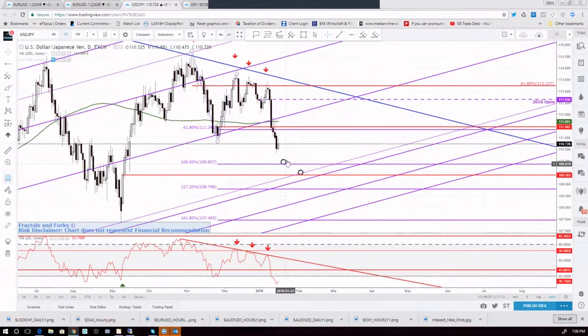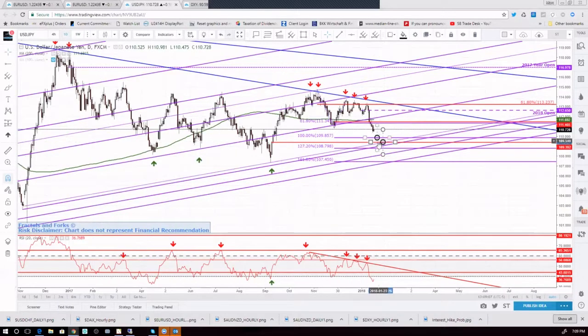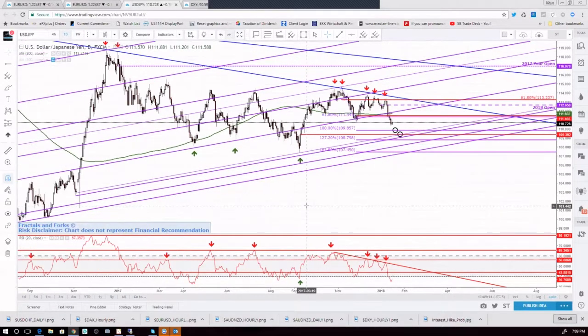So look lower. 109.85 and 109.50 approximately. Those would be targets, and they would also confluence with these trend lines, which was support here in September.